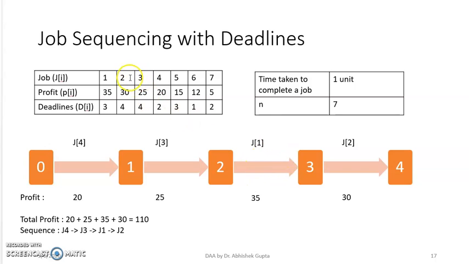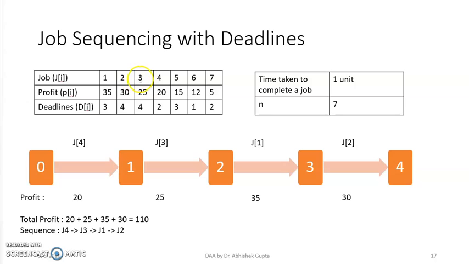The profit of the second job is 30, which has a deadline of 4. So the deadline is 4, that's why the second job will be allocated in the fourth slot. You see over here, in the fourth slot, the second job is there.